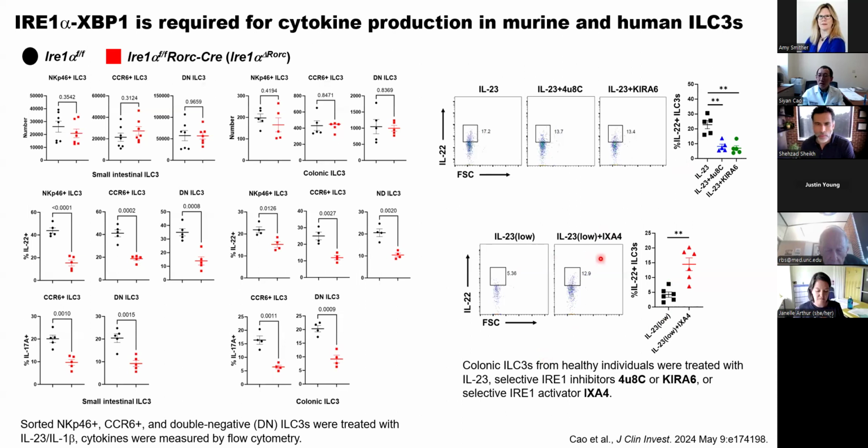In contrast, when I co-treated the human ILC3s with IXA4, which is the IRE1 activator, even under very low concentration of IL-23, this activator is sufficient to upregulate the expression of IL-22 in the cells. Those data suggest that the IRE1 XBP1 pathway functions as a positive regulator of cytokine production in both mouse and human ILC3s.